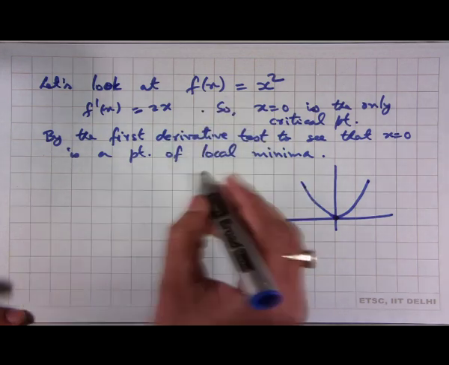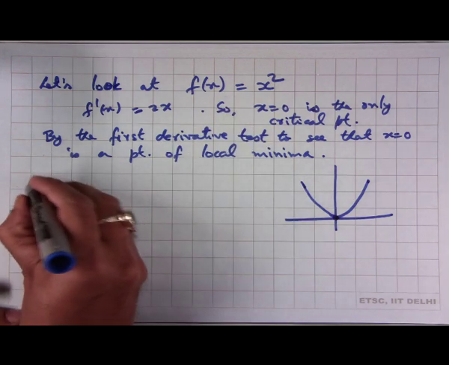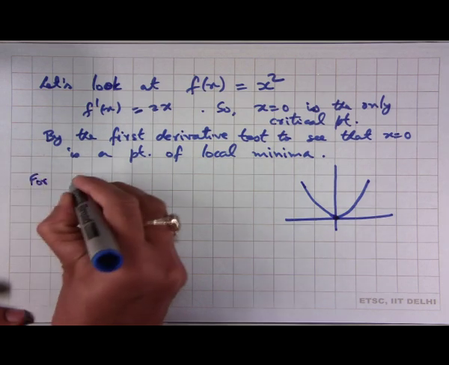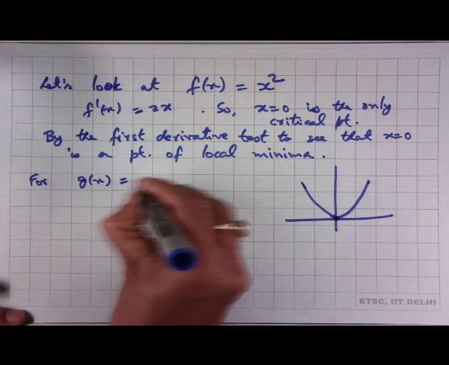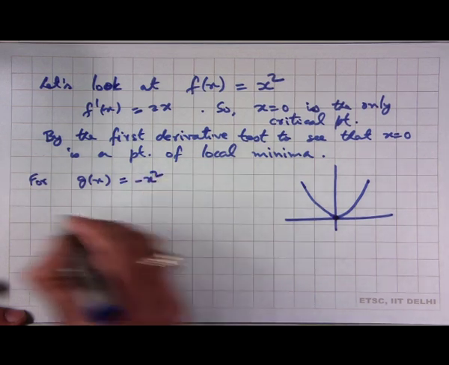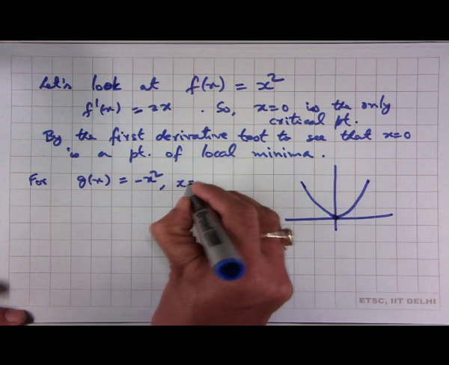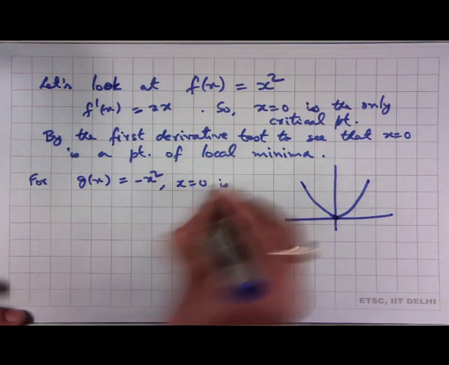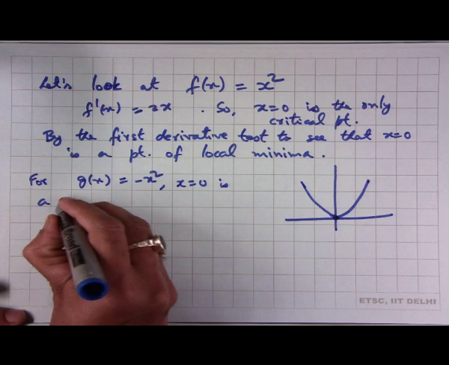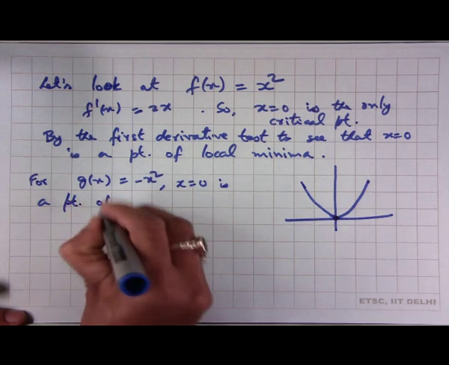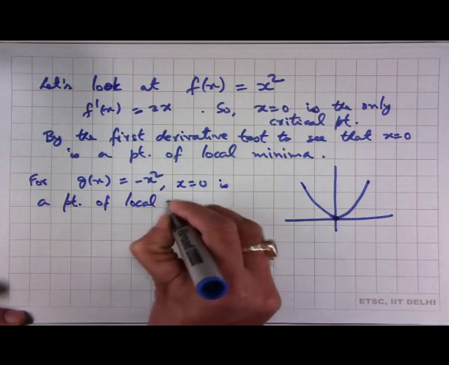If we look at another function g of x, for g of x equal to say minus x square, x equal to 0 is a point of local maxima.